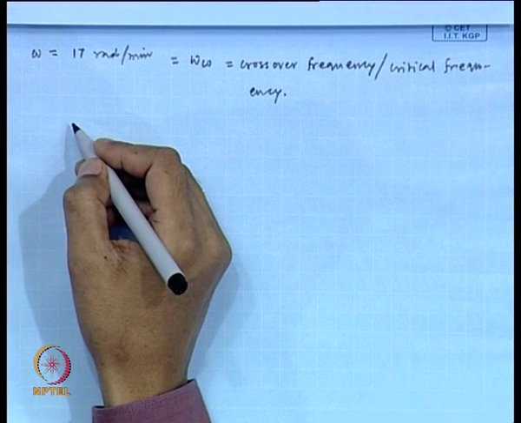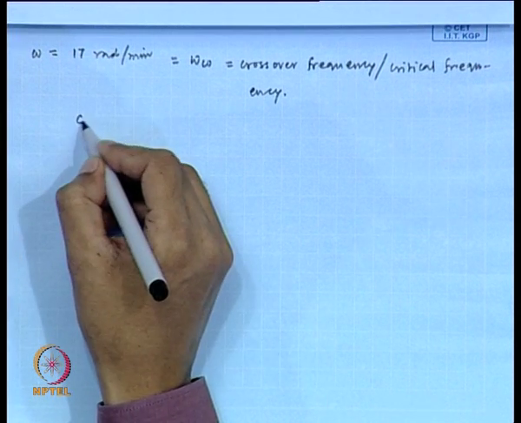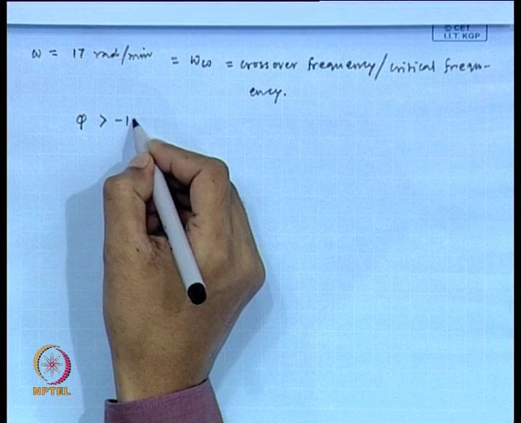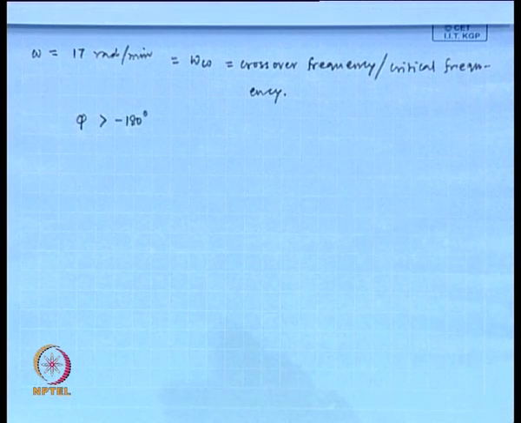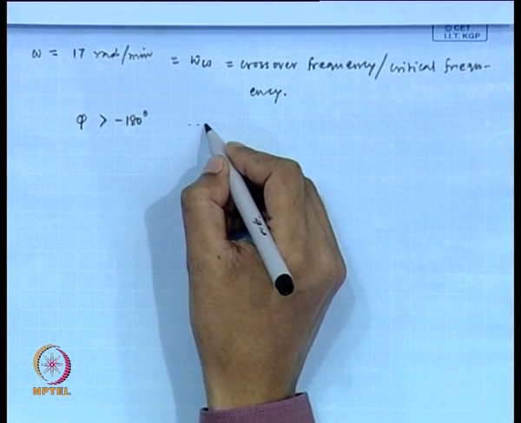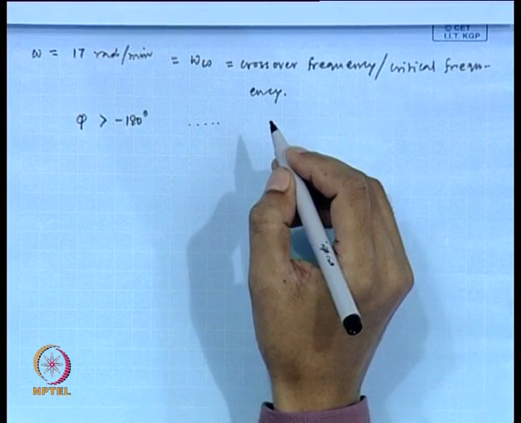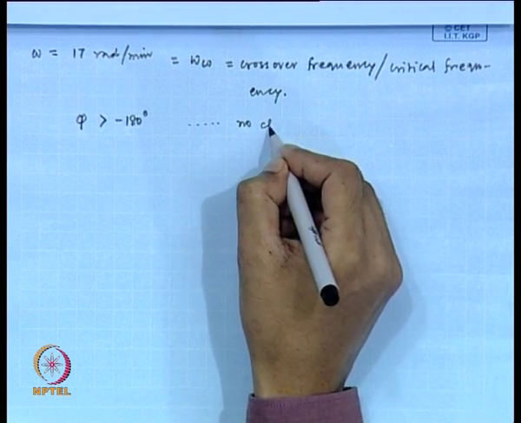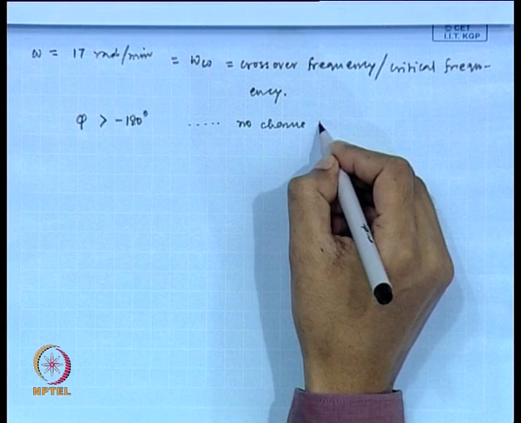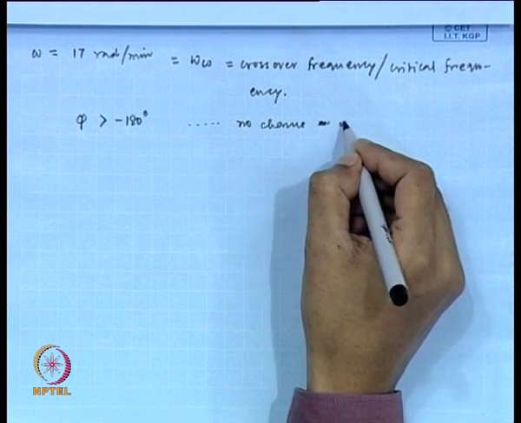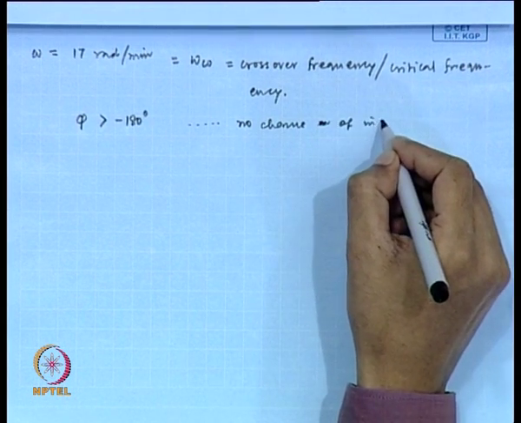Now, if phi is always greater than minus 180 degree, then there is no chance of instability.